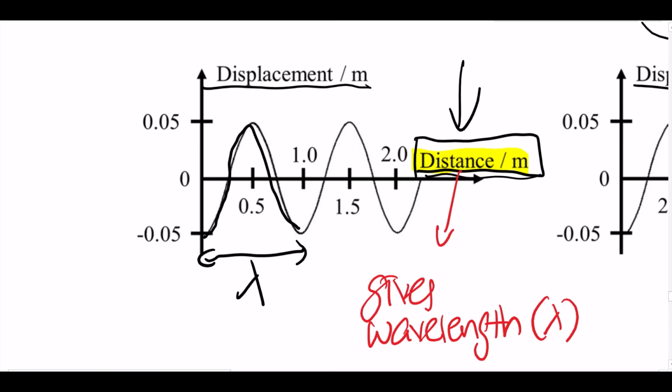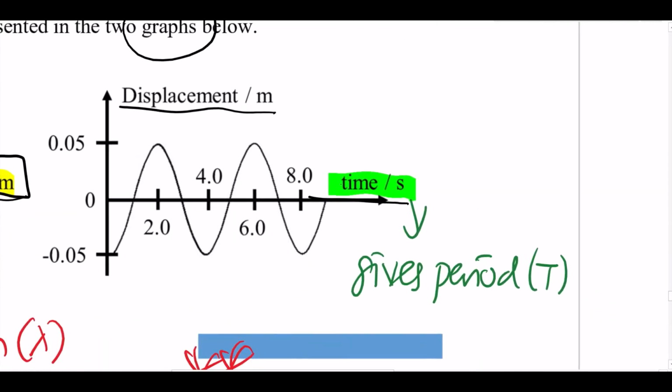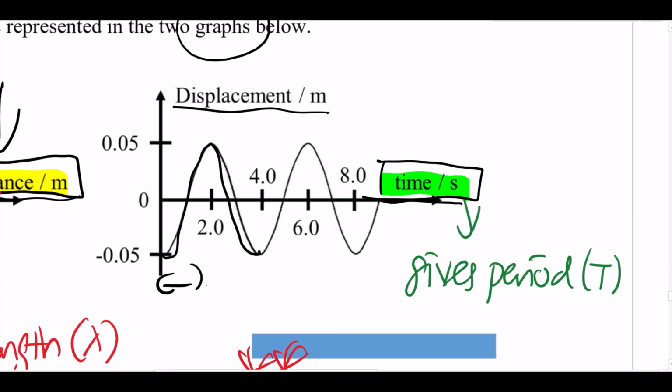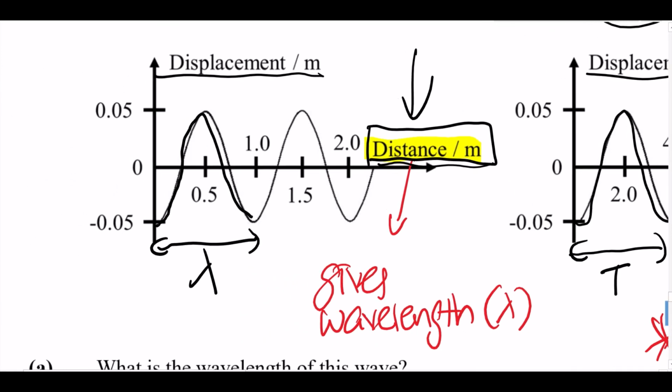Remember that. On the other hand, for the one on the right-hand side, the axis is the time axis. So one full wave here tells us the period, capital T. Sorry about that, let me write again. So this one full wave tells us the period, because period is a time unit. Different graphs will tell us different information about the wave.